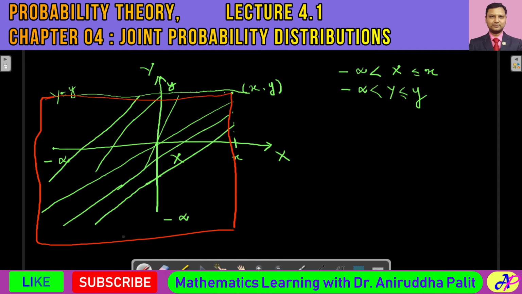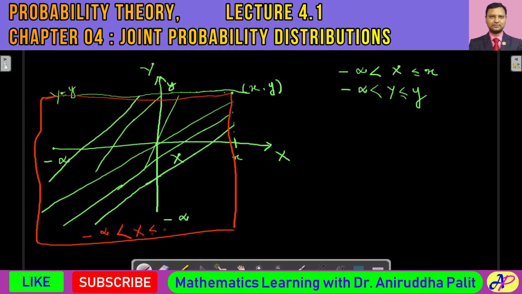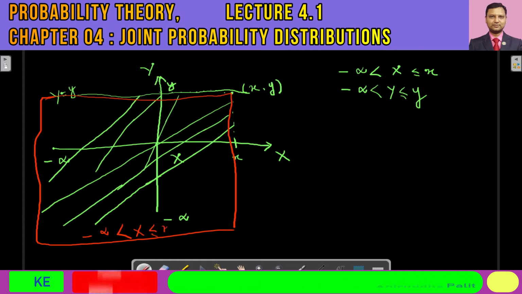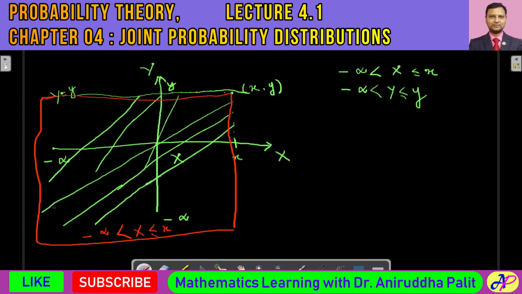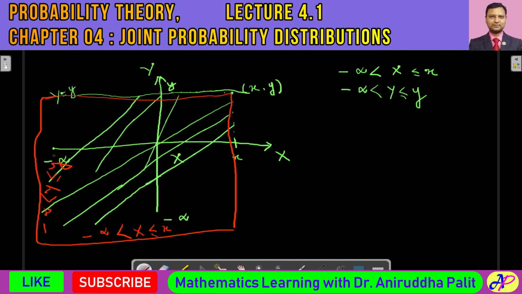Over here, we have minus infinity less than X less than or equal to small x, and in this zone we have minus infinity less than Y less than or equal to small y. So this would be the zone of interest.